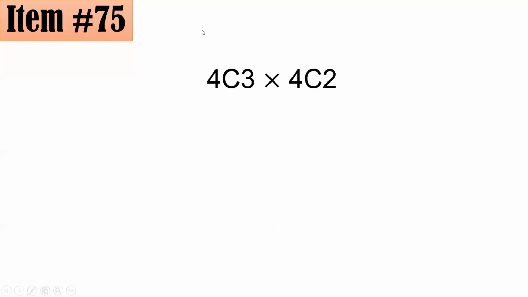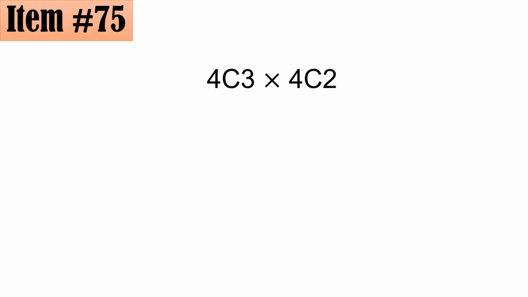That's why po, it's 4 combination 3. Dito po yung sa aces. At saka 4 combination 2 naman po yung para sa kings. And according to the fundamental counting principle, after getting this number of ways, we have to multiply them.